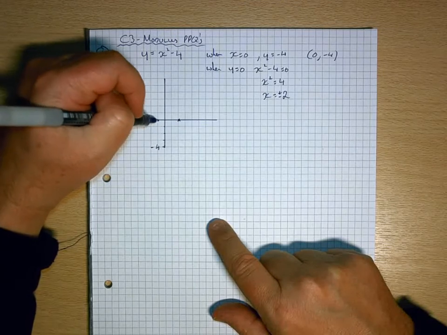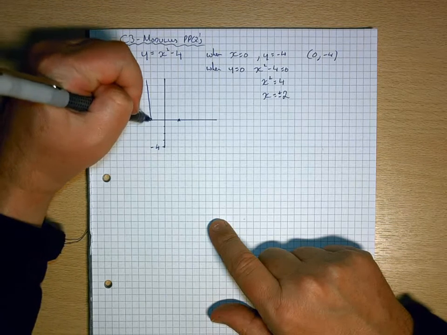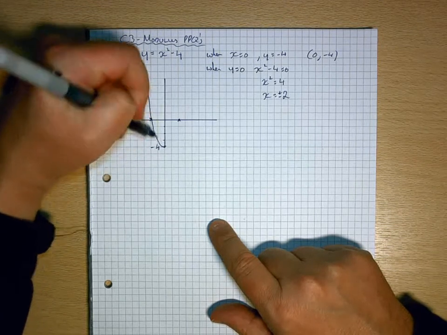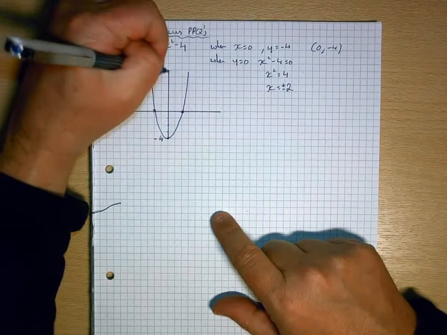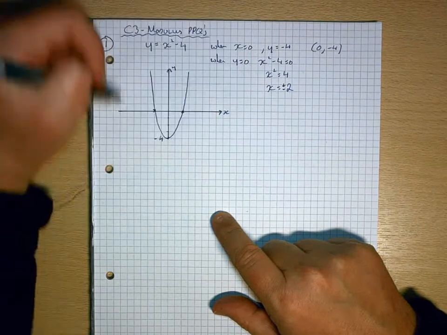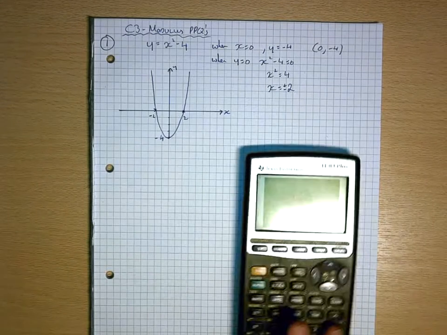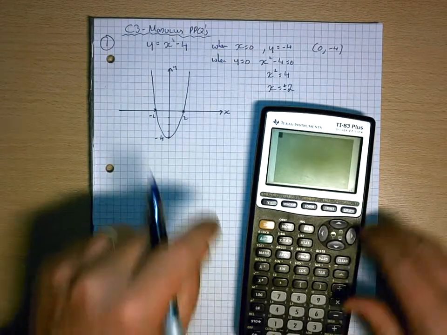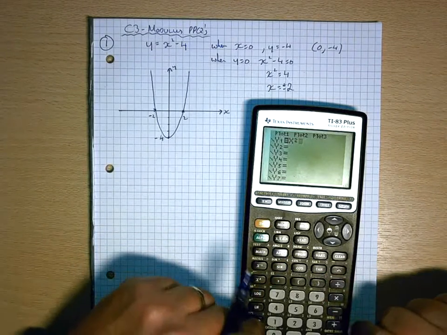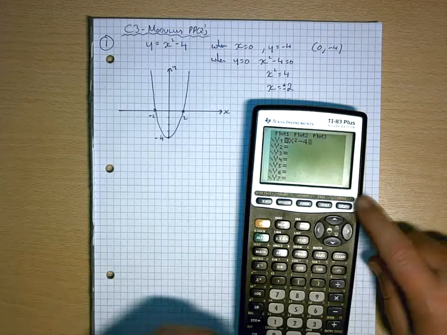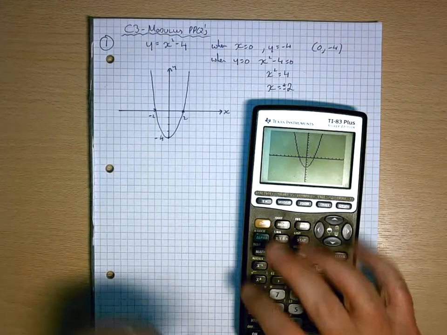So the graph of x squared minus 4 is going to come down like that, back up like that. Negative 2, positive 2. Okay, and if you want to check that on the graphics calculator, y equals x squared minus 4, hit graph, and that's it. So I know I've got those marks.